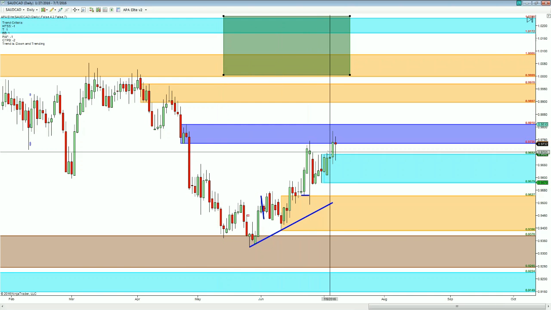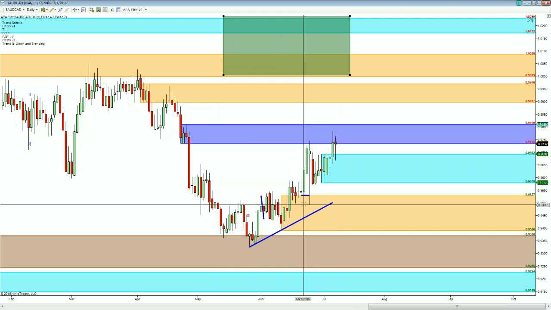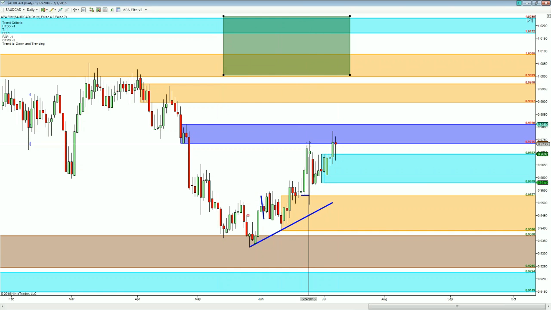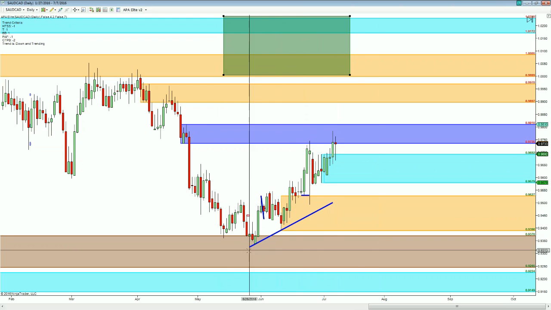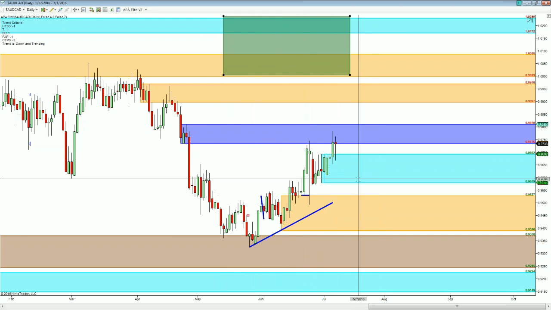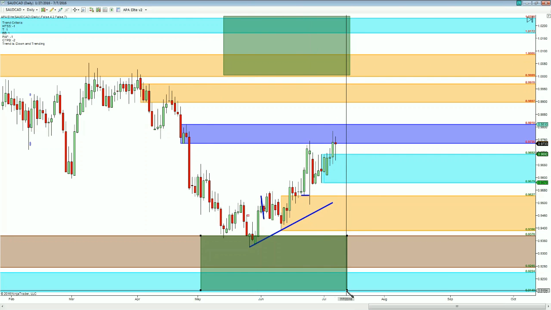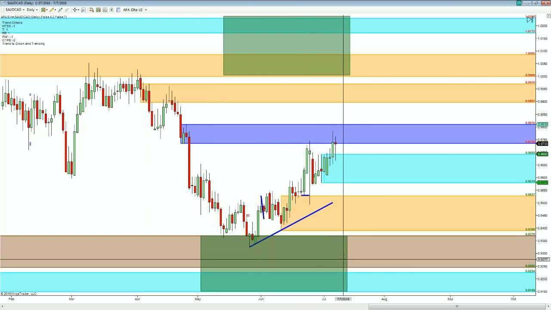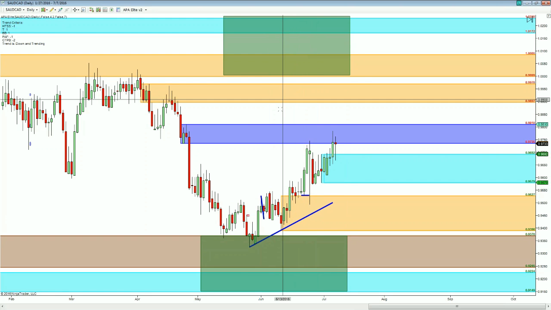You can kind of see why we've been having the chop as of late, because we've been stuck in between that daily level and that daily level. We have a nice little trend line drawn to the upside, and again the big weekly demand level is down here somewhere.